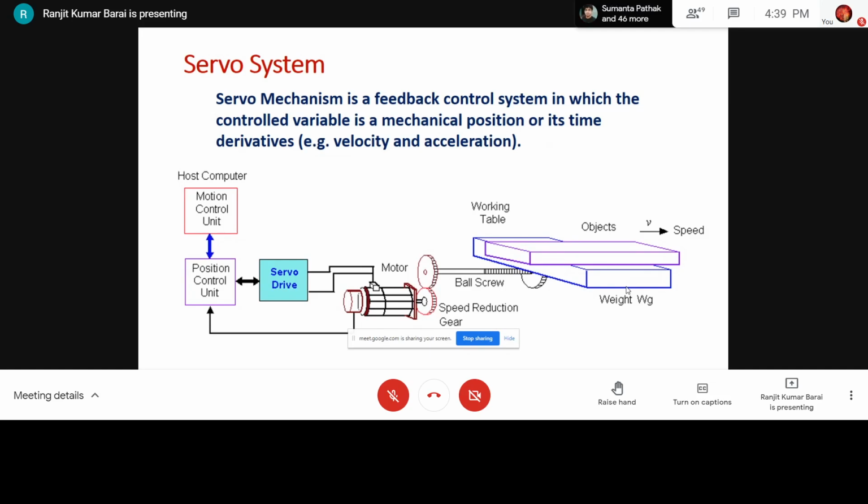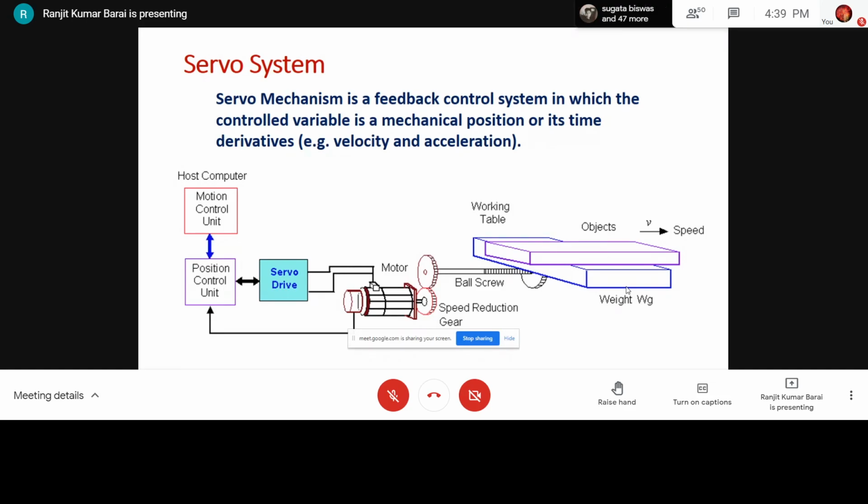So path is determined depending upon the task to be performed, and then that path is tracked or followed by the servo control system. Autopilot also is a good application of servo system. Let's say the tracking of the radar or tracking of very large antenna is also a servo system.